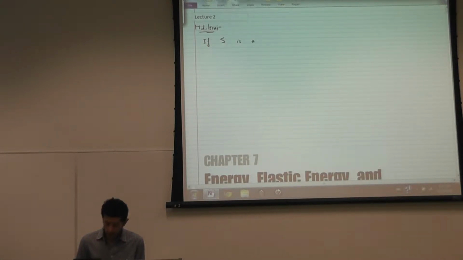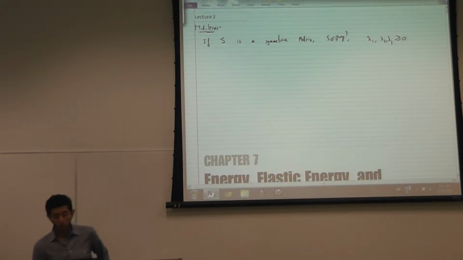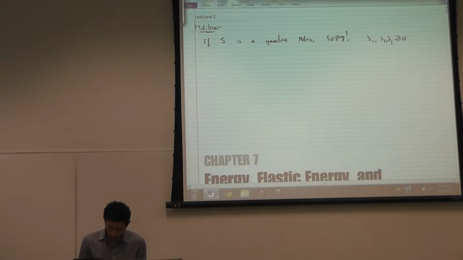if S is a symmetric matrix, and S is a 3 by 3 symmetric matrix, and it has 3 eigenvalues that are greater or equal to 0, is S a semi-positive definite symmetric matrix or not?